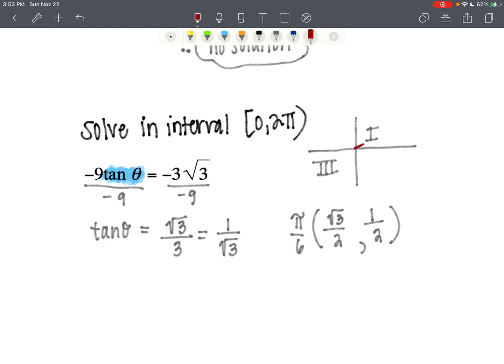So we're looking at the pi/6 angle in quadrant 1 and the pi/6 angle in quadrant 3. That's pi/6, and these actually happen to be a pi apart. So that is 7 pi/6. So theta is equal to pi/6 and 7 pi/6.